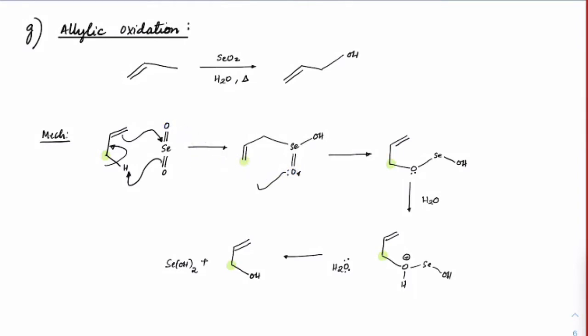So that would attack on this pi bond here, so that again this pi bond migrates as a double bond here, and this bond breaks towards selenium. Selenium will take away its electrons, it will become OH, and oxygen gets connected here with carbon. Then we do hydrolysis.